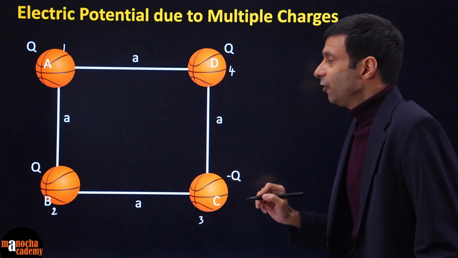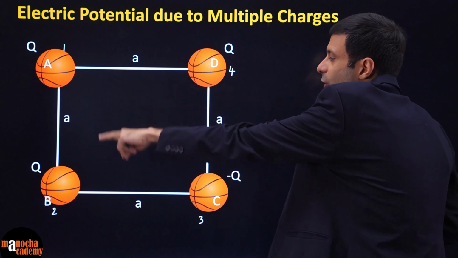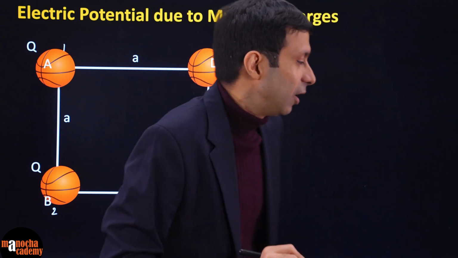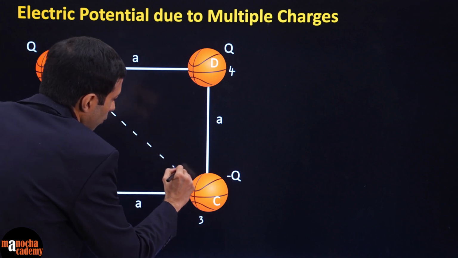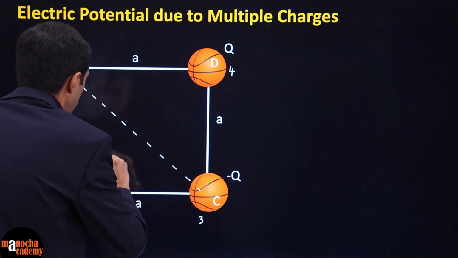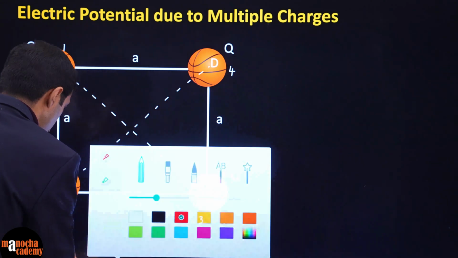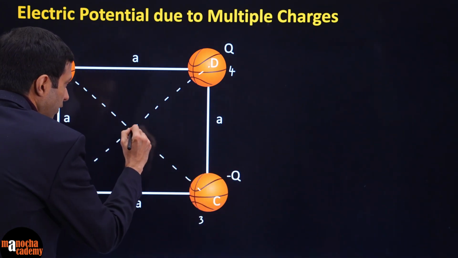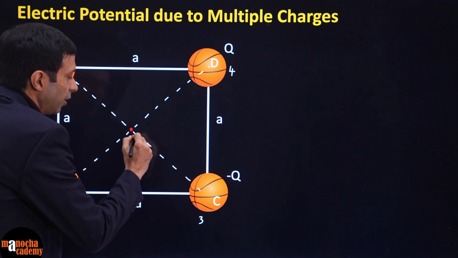And let's say we are interested in finding the electric potential at the center of this square of side A. So right at this point, we want to know the electric potential V. Let's label the center O.